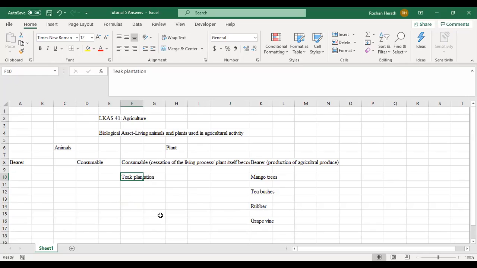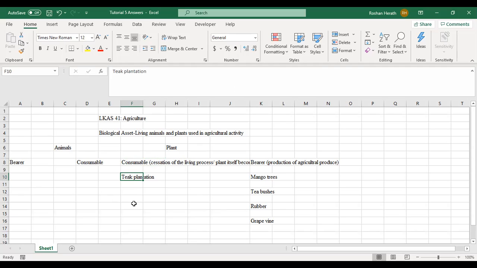Once it becomes matured, we are going to cut the tree and use it for timber. Hence you can see that that is going to be the cessation of the living process once they become matured, or the plant itself becomes the agricultural produce.